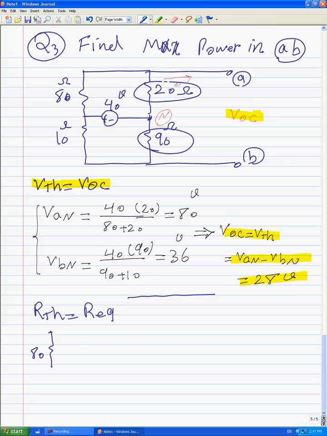We have 80 here, 20 here, a short circuit instead of 40 volts, and 10 ohms here and 90 ohms here. And this is the equivalent resistance.